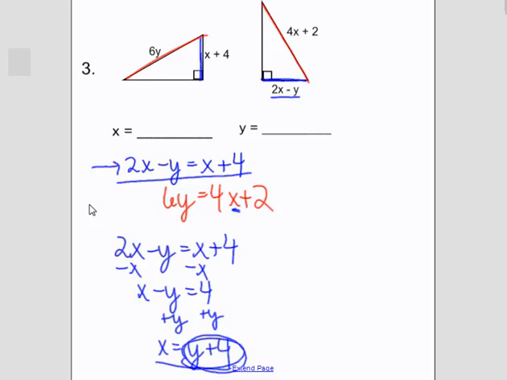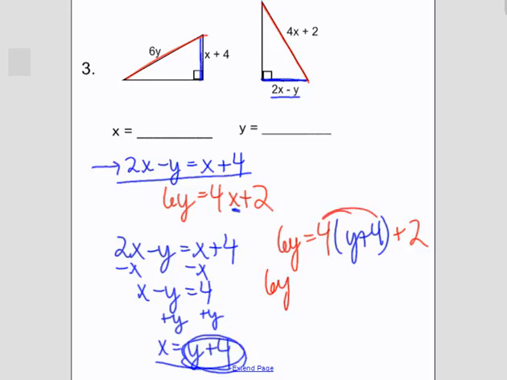So I'm going to have 6y equaling 4, and in parentheses, I'm going to plug in y plus 4, and then plus 2. So I'm going to distribute the 4.